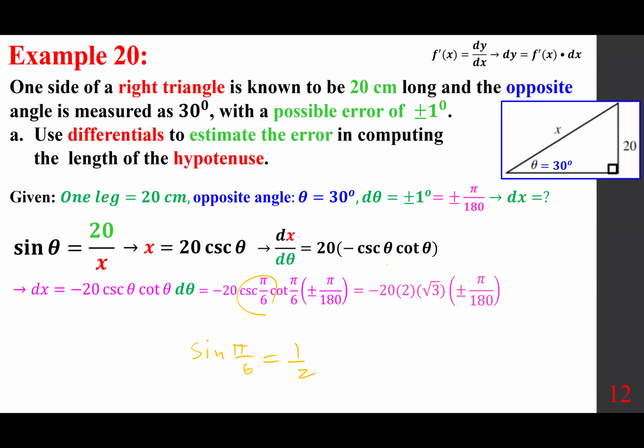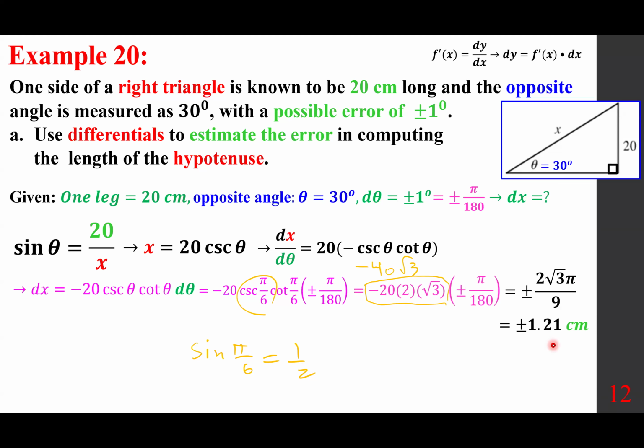This is minus 4 d theta square root of 3. And again, it doesn't matter: minus times plus minus is still plus minus or minus plus. So plus 2 square root of 3 pi over 9 precisely. We put that into a calculator and we get plus minus 1.21 centimeters.